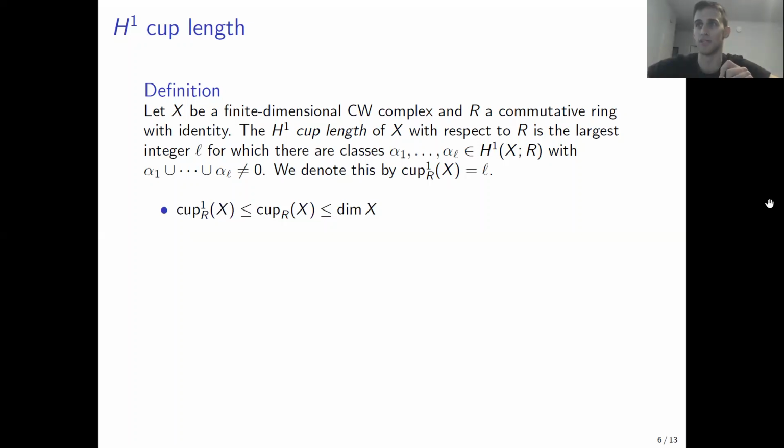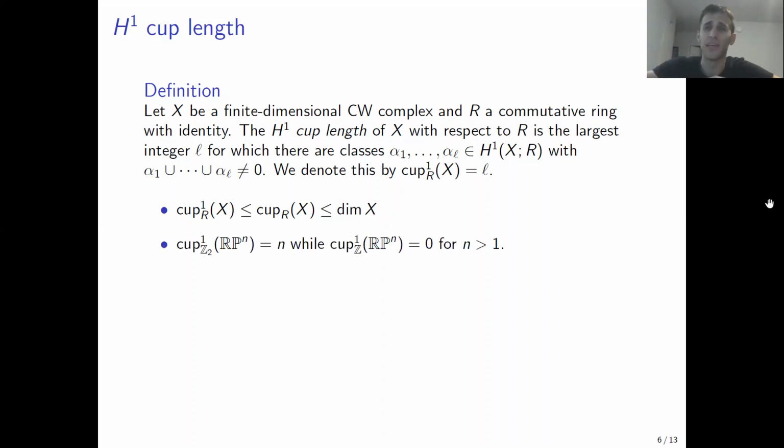We just count the number of classes in that non-zero cup product. But all the classes have to have pure degree. You can't have one class being a sum of a 1 and a 3. It has to be pure degree. So if you restrict only to degree 1 classes, then obviously the number of terms in that cup product must be less than or equal to the maximal number if you allow any possibilities. And that's also less than or equal to the dimension. If you have dimension n, then you can have at most n degree 1 classes which cup together to be non-zero.